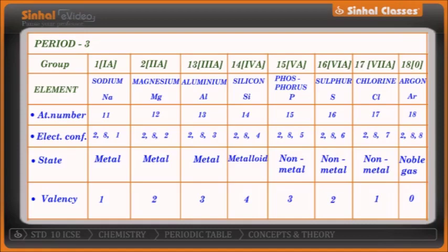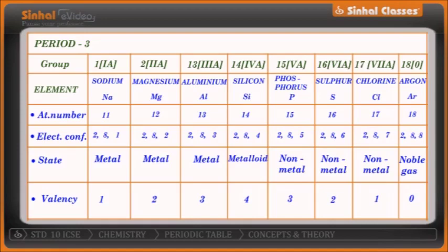Each period begins with an element having 1 electron in the outermost shell and always ends with an inert gas, completely filled orbitals. Now, the valency of sodium is 1, magnesium 2, aluminium 3, silicon 4, phosphorus 3, sulfur 2, chlorine 1 and inert gas argon 0.